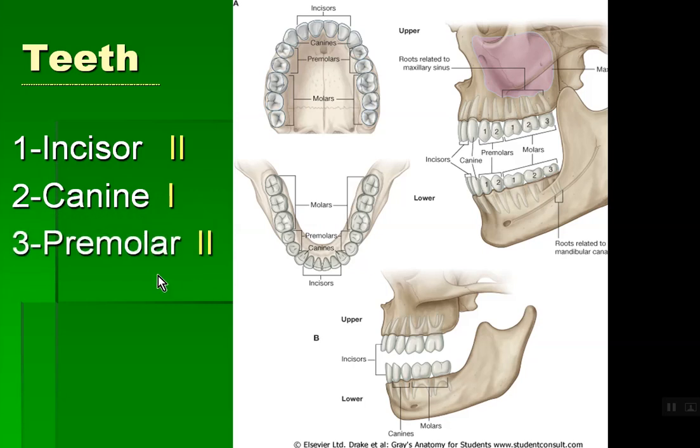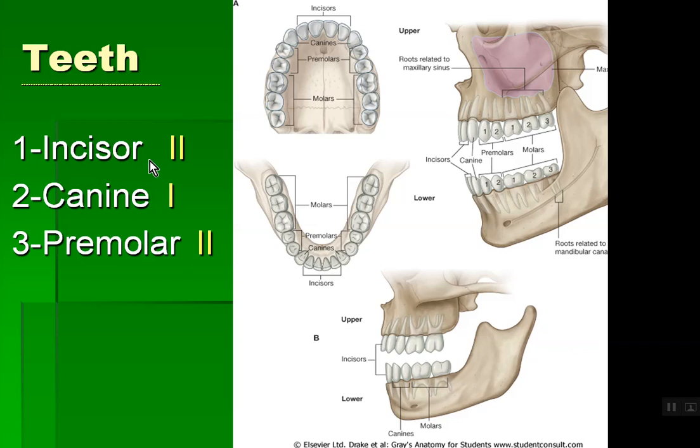Let's see the teeth now. The first one is the incisor. The most anterior teeth in the upper and lower jaw are the incisors. The next one is the canine, here in the upper jaw and here in the lower jaw.